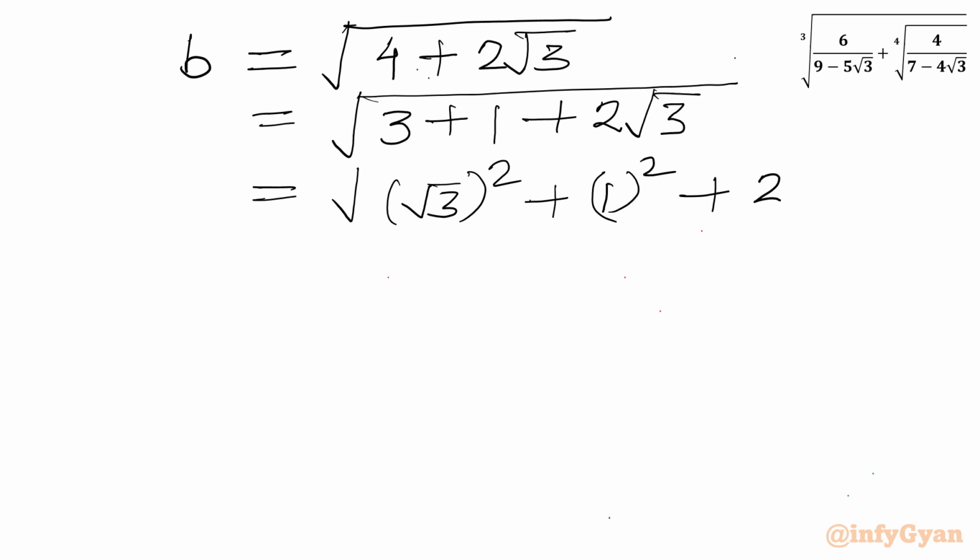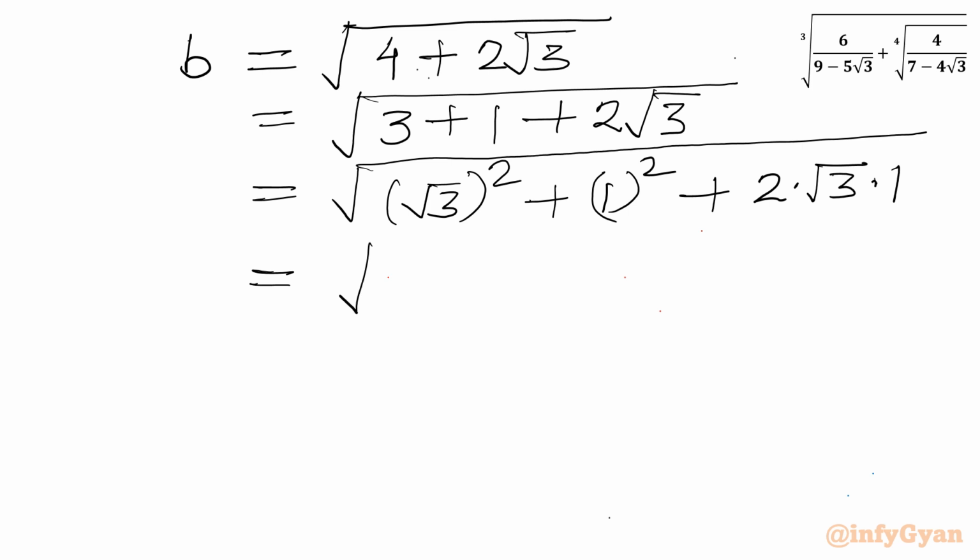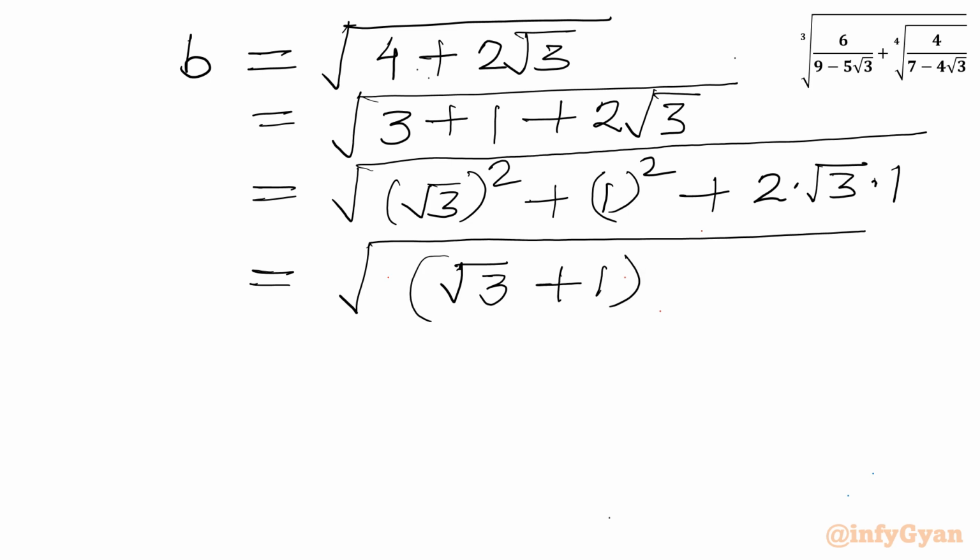Then 2 root 3 will be 2 times root 3 times 1. So it is replicating the same identity, a square plus b square plus 2ab. So in this radicand part, we can write it is root 3 plus 1 whole square. Now we can cancel square root with square. So B will become root 3 plus 1.